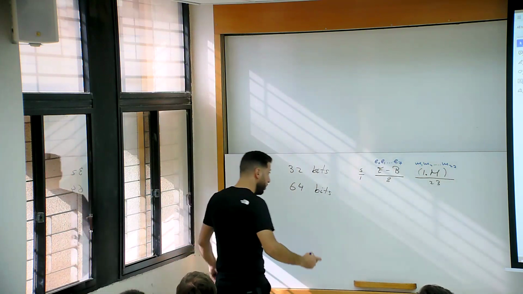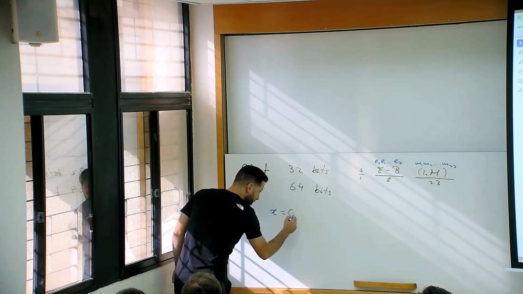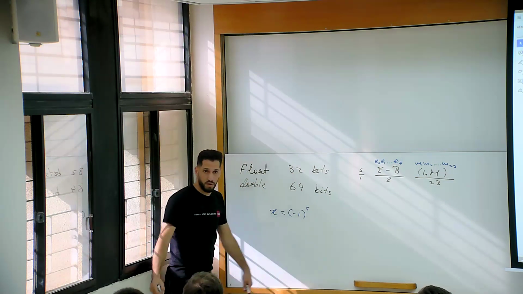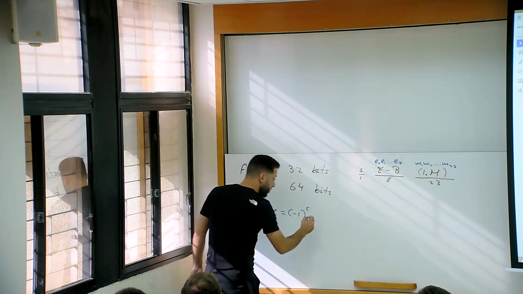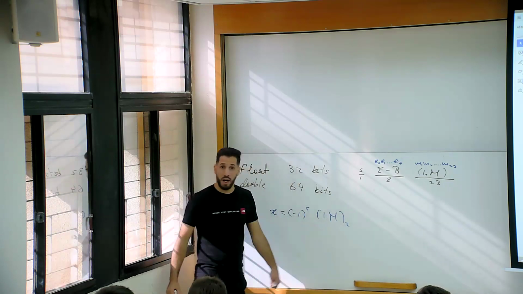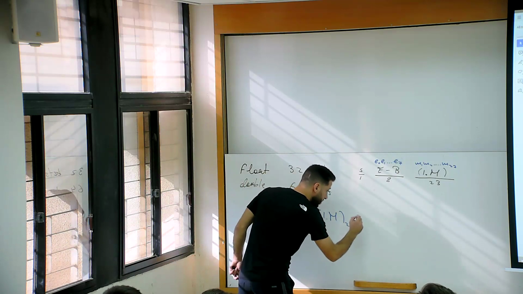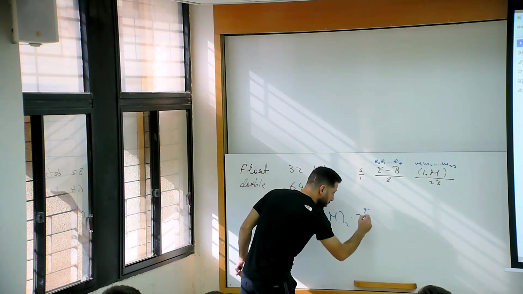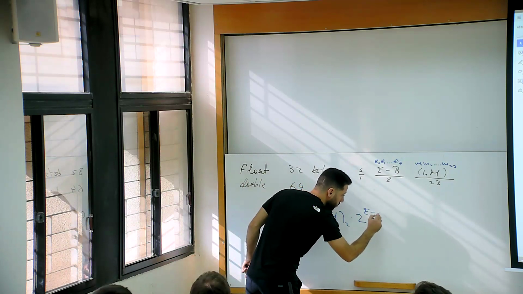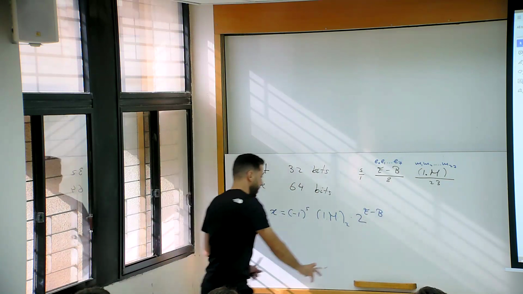So the number itself will be (-1) to the power of S times 1.M binary times 2 to the power of E minus B. Now I will explain.